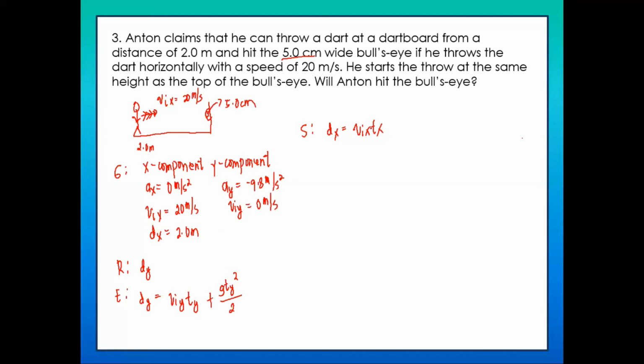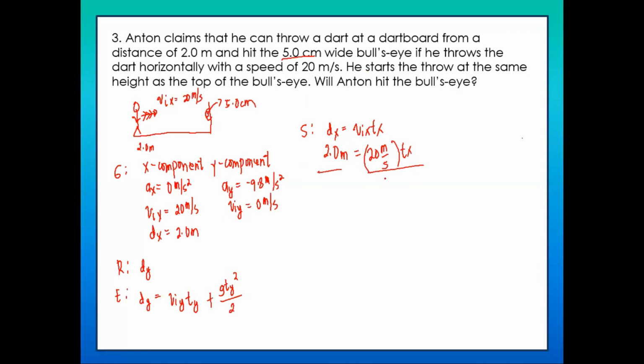So, we will use this equation since it has the variable t. Even if it is t sub x, we can use the value of t sub x for whatever component, because the time is equal for those components. So, d sub x, which is 2.0 meters, equals v sub ix, which is 20 meters per second, times t sub x. We don't have the value of t sub x, so leave it as is.